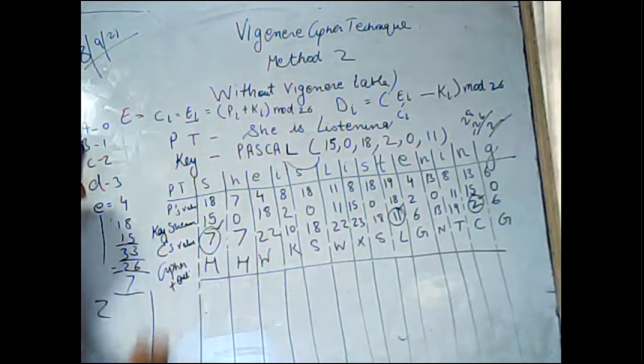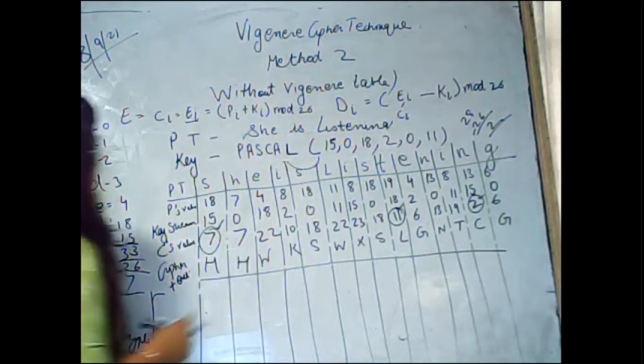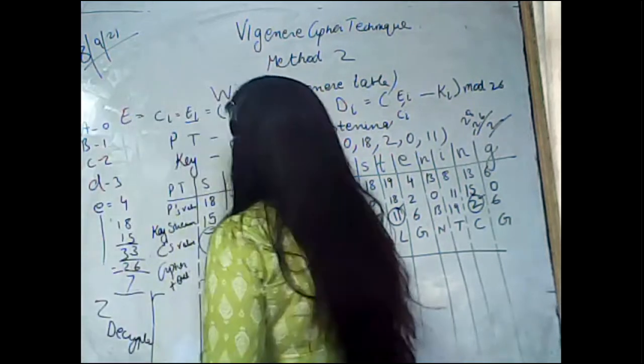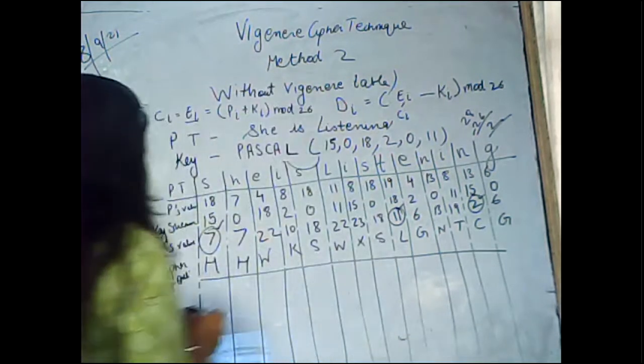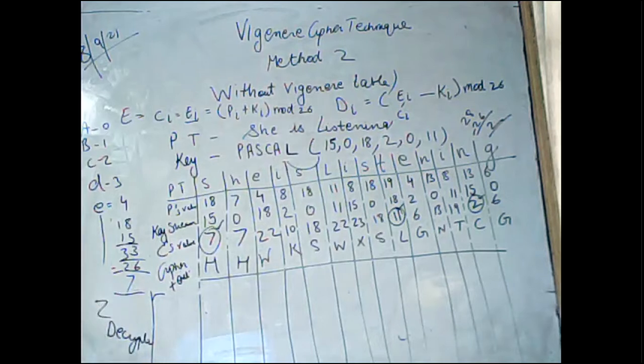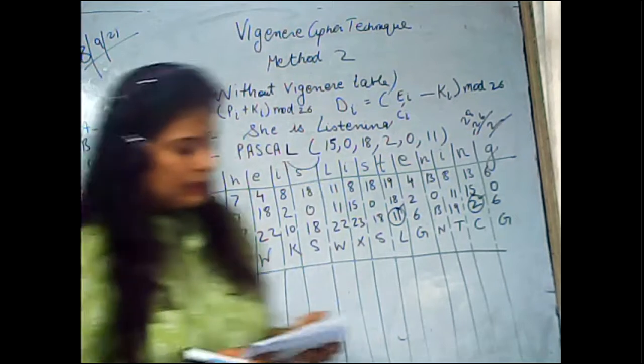This is the portion for the decryption part. For the decryption part, again, we will use that key text value that we will be having, and we will convert all these values of the ciphertext using the key value.